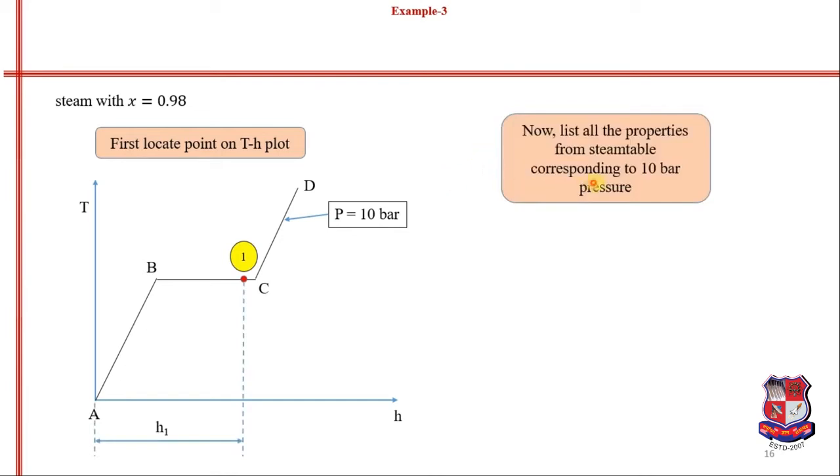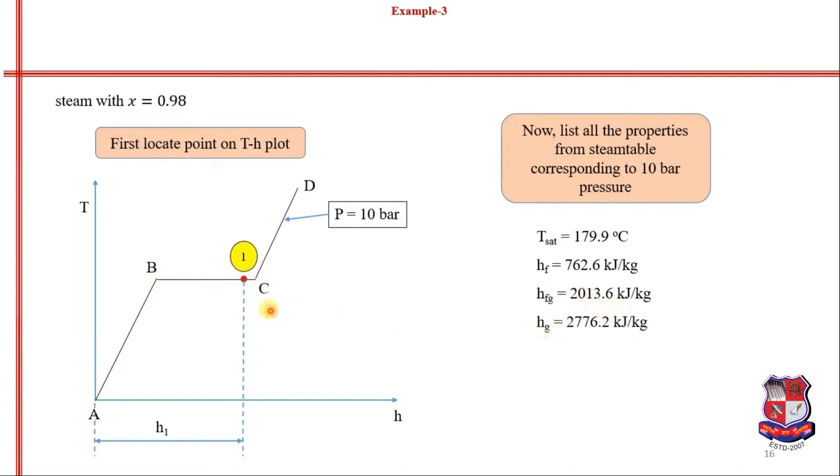Now the second step is to list all the properties from the steam table corresponding to 10 bar pressure. HF, enthalpy of fluid, means enthalpy up to point B, is 762.6 kilojoule per kg. Saturation temperature is 179.9 degrees Celsius. HFG means enthalpy of evaporation, enthalpy from point B to point C, is 2013.6 kilojoule per kg.